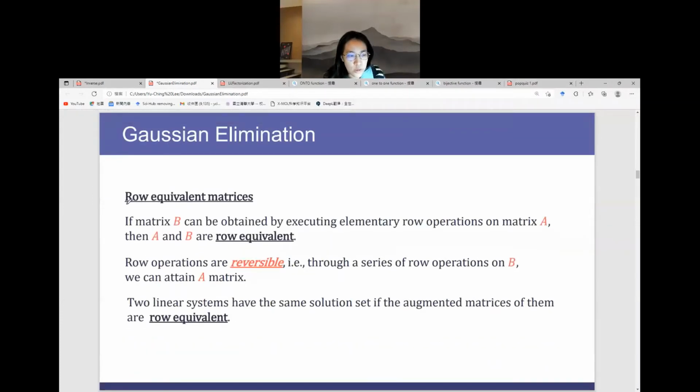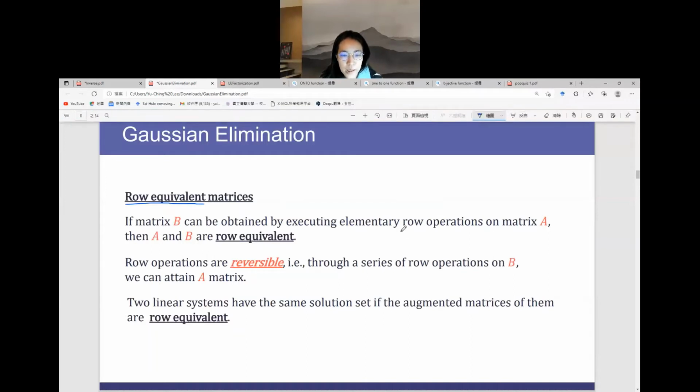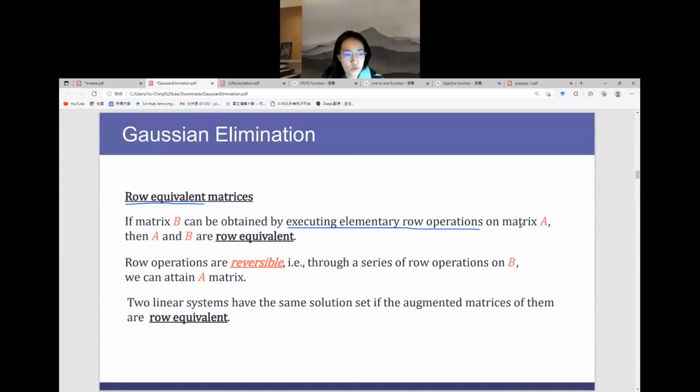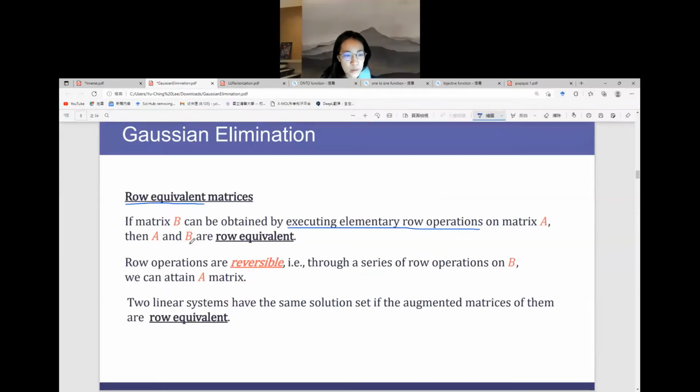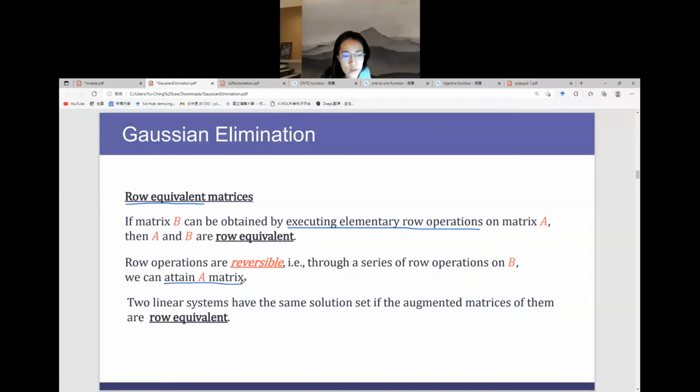And here's how we define row equivalent matrices. Formally, we say that if a matrix B can be obtained by executing elementary row operations on a matrix A, then the A and B matrices are said to be row equivalent. And row operations are reversible: through a series of row operations on B, we can also attain the A matrix.